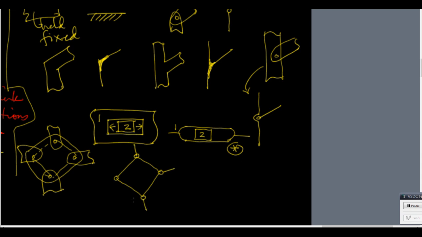But to indicate that this is not 4 links but one, we will fill this one in with dots, or sometimes we may shade it to indicate that it is one body. Okay, so you can see now that this body is a link and it is connected to 4 other links, so it is a quaternary link.